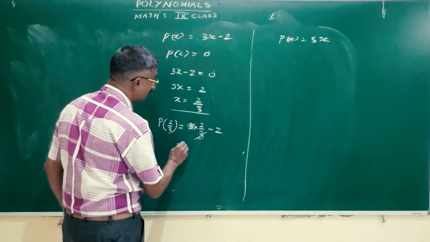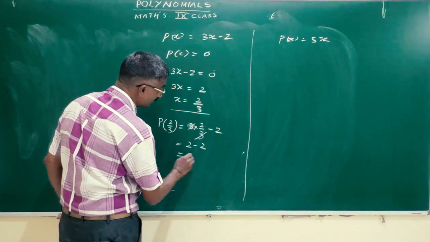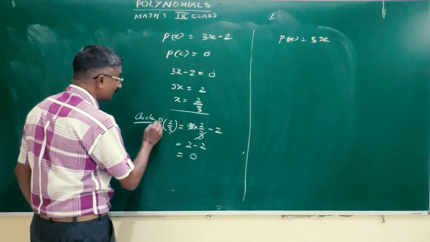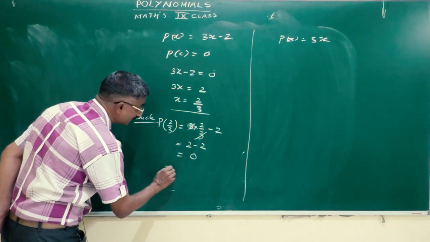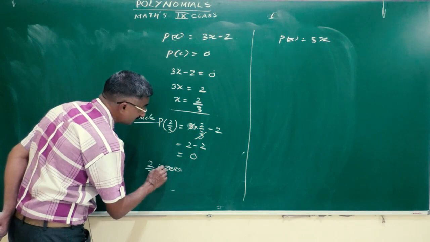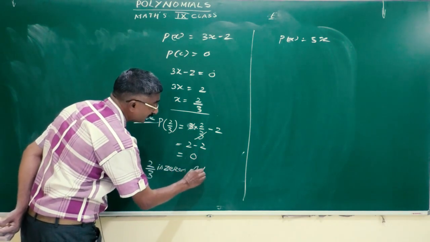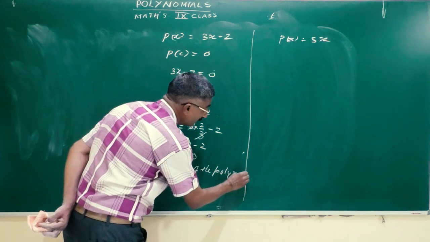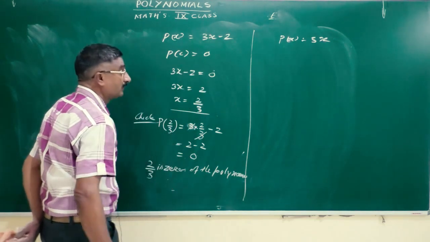So 3 cancel. This is 2 minus 2. So this is equal to 0. This is the check. So 2 by 3 is the zero of the polynomial.